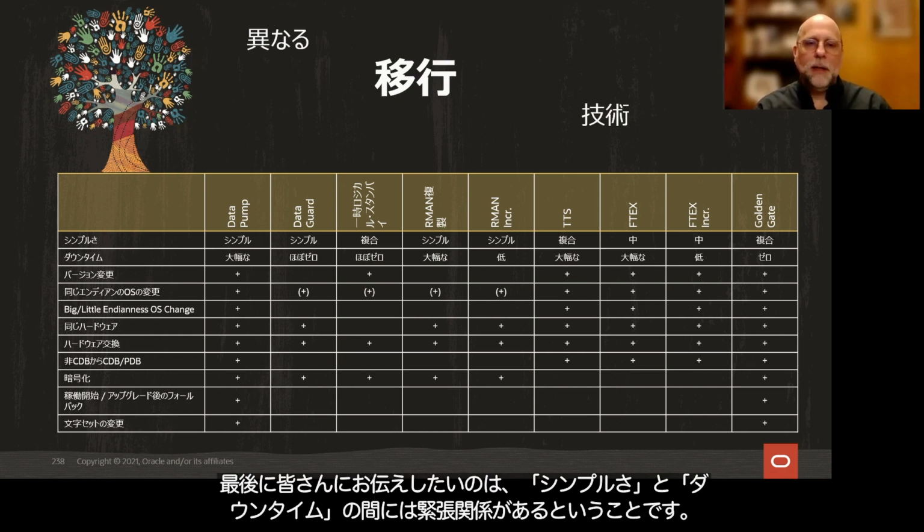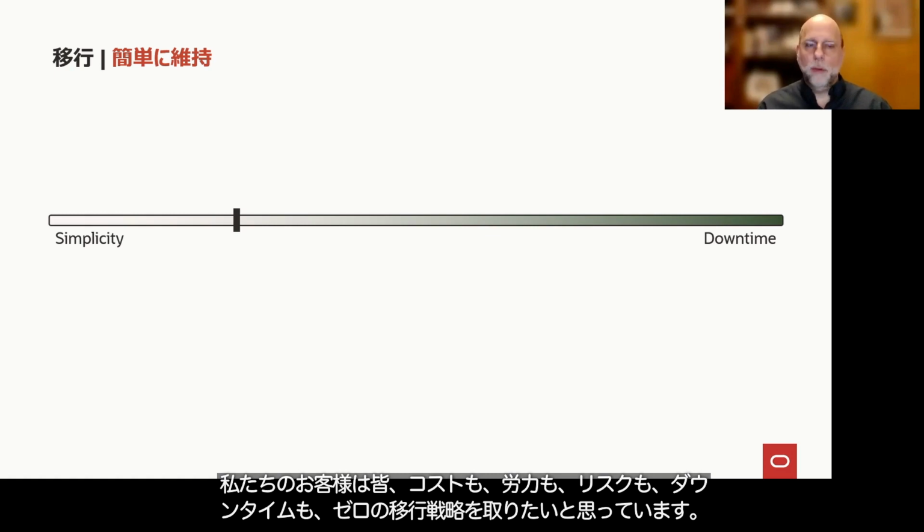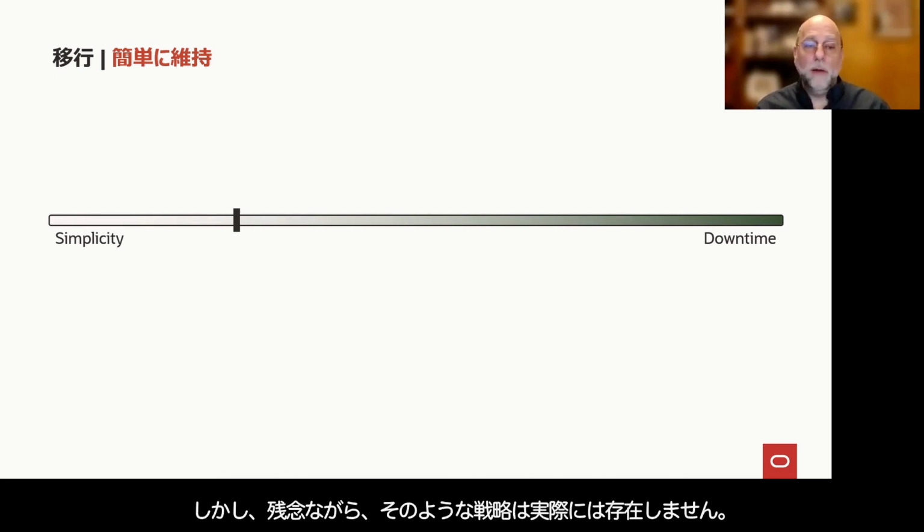The last thought that I want to leave in your heads is that there is this tension between simplicity and downtime. We know that every one of our customers would love to have a migration strategy that is zero cost, zero effort, zero risk, and zero downtime. And unfortunately, that strategy doesn't really exist.